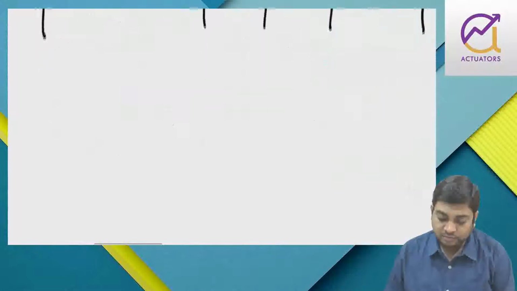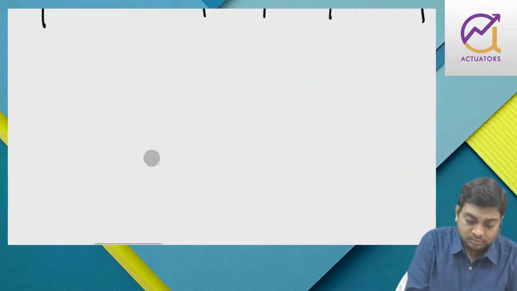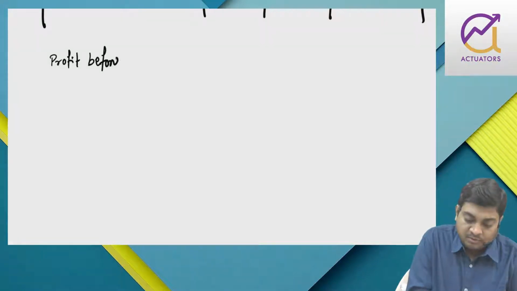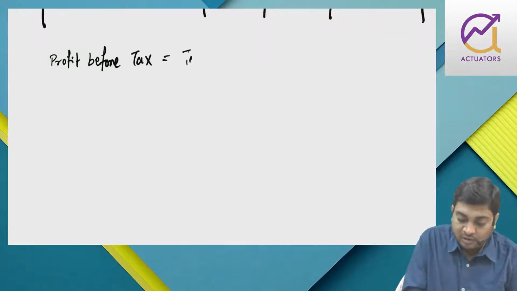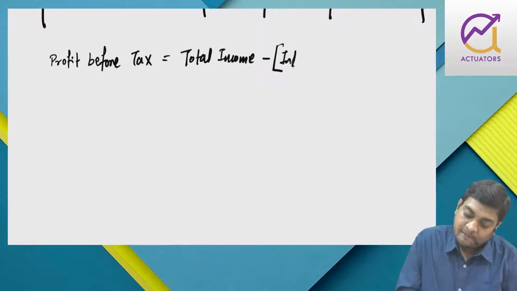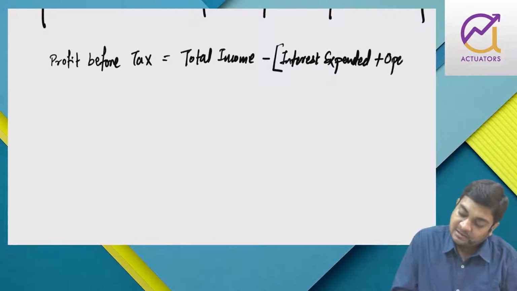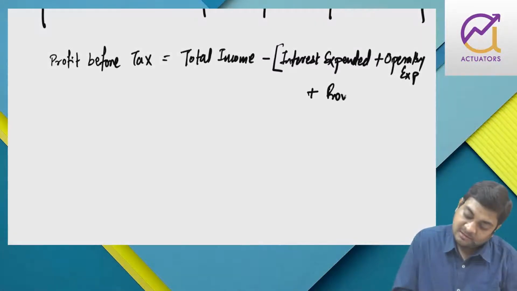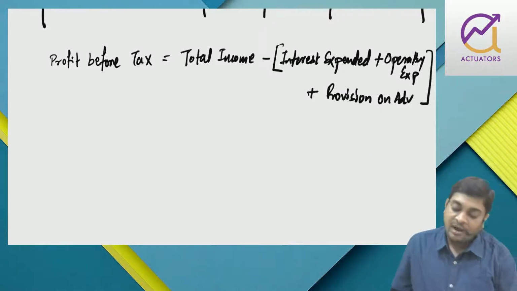So how am I going to do it? First of all, I will calculate profit before tax. So total income minus interest expended plus operating expenses plus provision on advances, means all expenses I have to add.